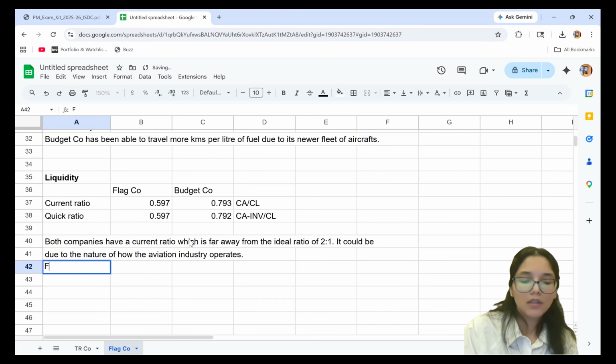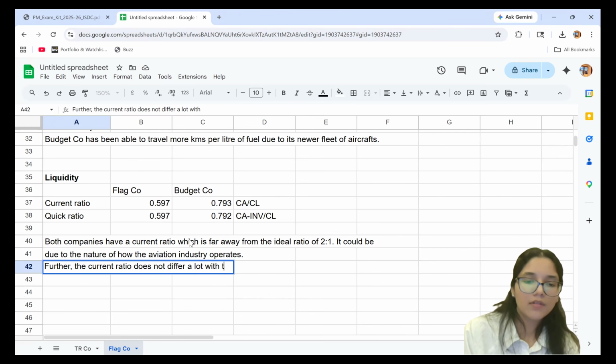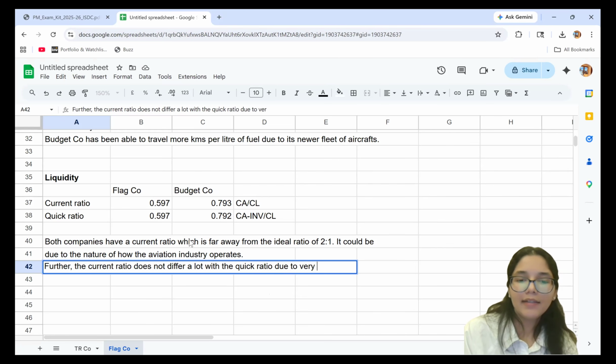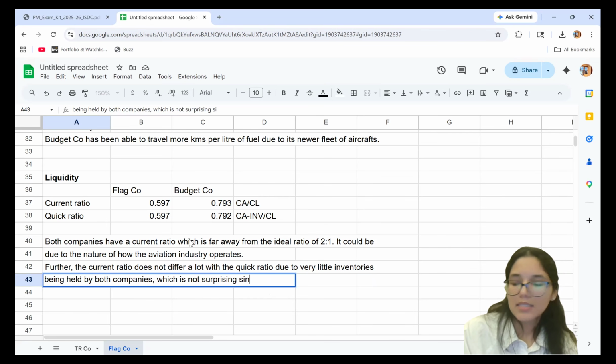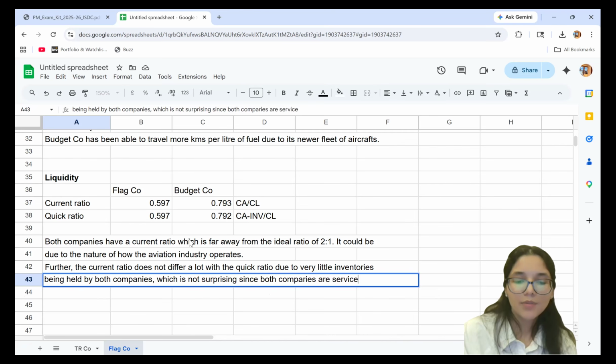Further, the current ratio does not differ a lot from the quick ratio due to very little inventories being held by both companies, which is not surprising since both companies are service based.